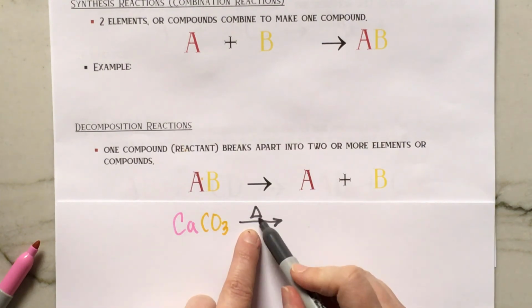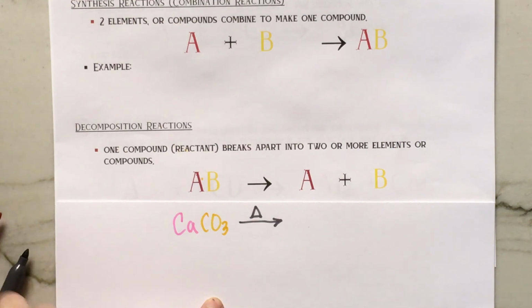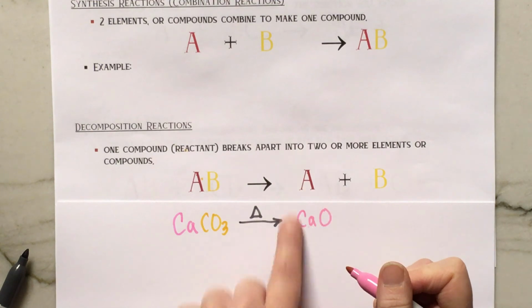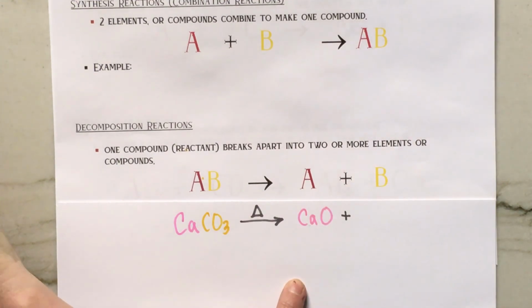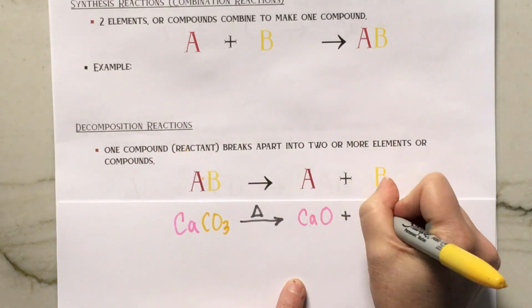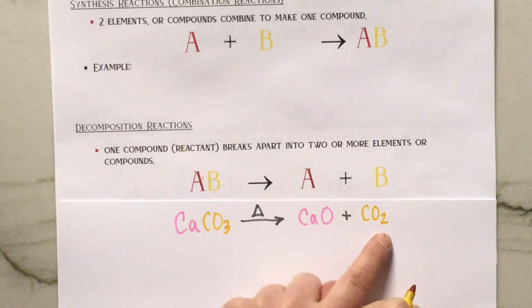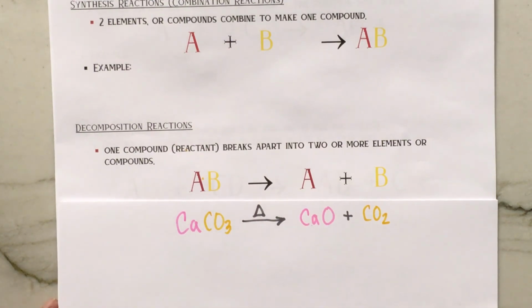This requires heat, which is indicated by the Greek letter delta. And it is going to break down into calcium oxide, so A, and carbon dioxide. So AB yields A plus B. So there is your decomposition reaction.